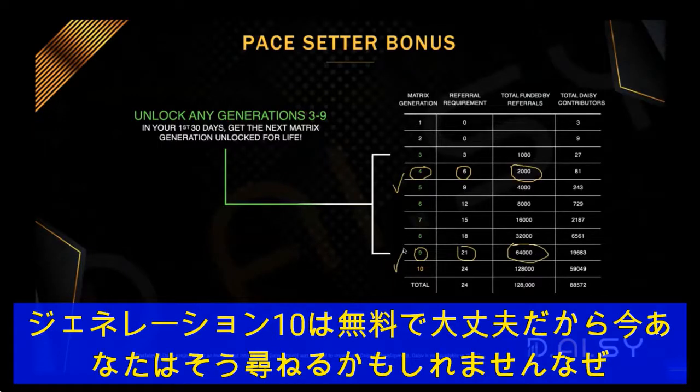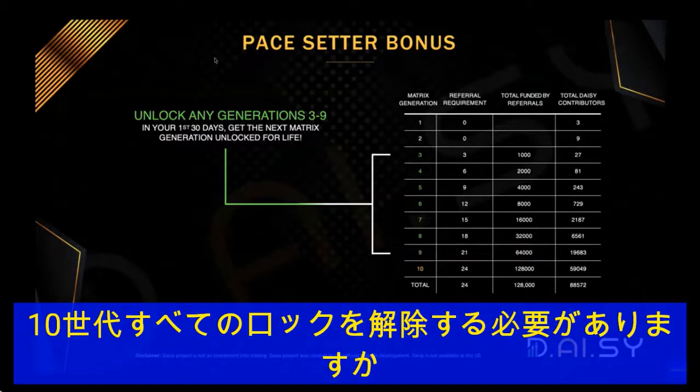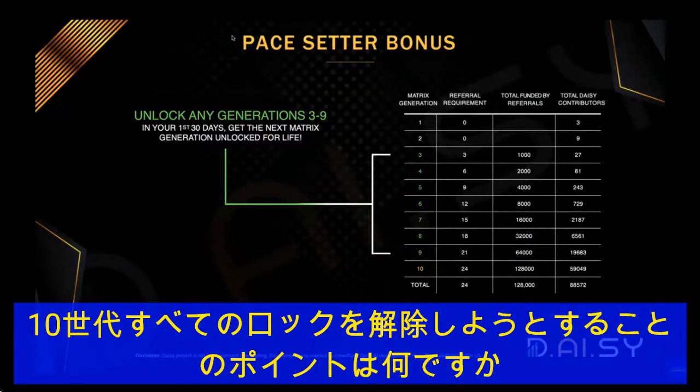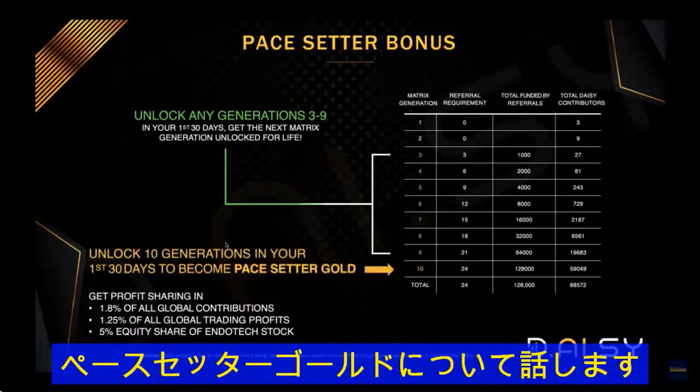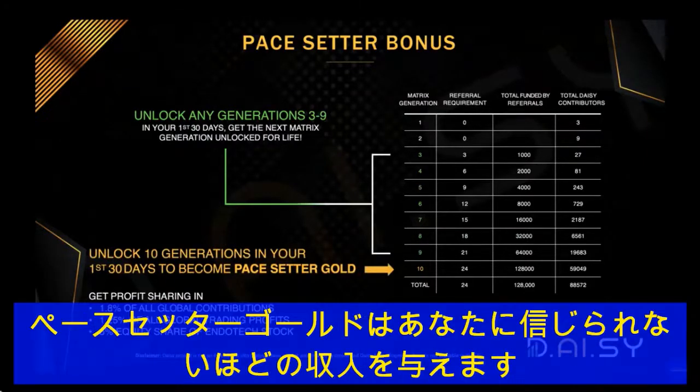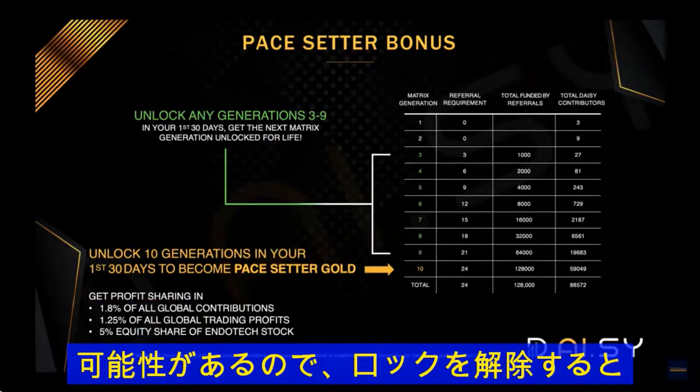Now you might ask, why the heck do I need to unlock all 10 generations? What's the point of trying to unlock all 10 generations? Well, we will talk about the Pacesetter Gold. The Pacesetter Gold will give you an incredible earning potential.